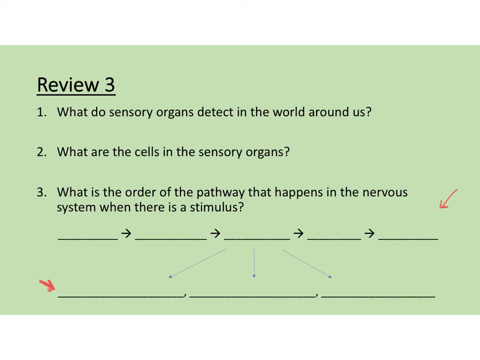Okay, so hopefully you've answered these 3 questions. So the answers are, for number 1, what do sensory organs detect in the world around us? Stimuli. Okay, so stimulus is the single, and stimuli is the plural.